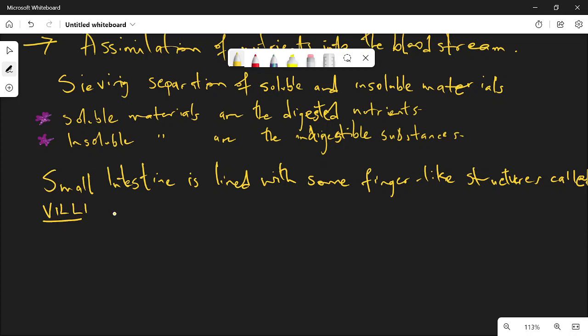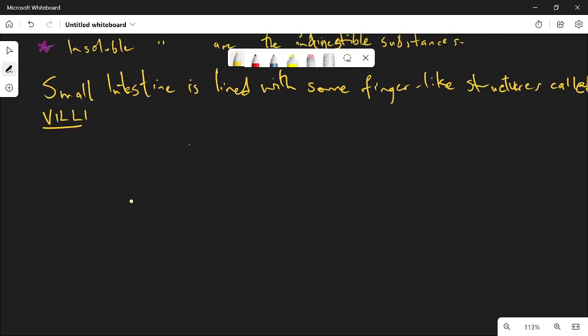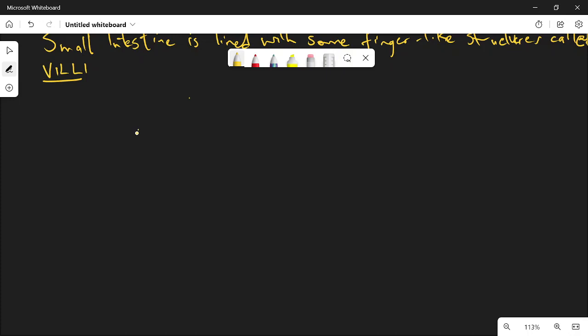They are very tiny, but when viewed under a microscope, this is how they look. They look somewhat like this. So you find numerous of these on the what?